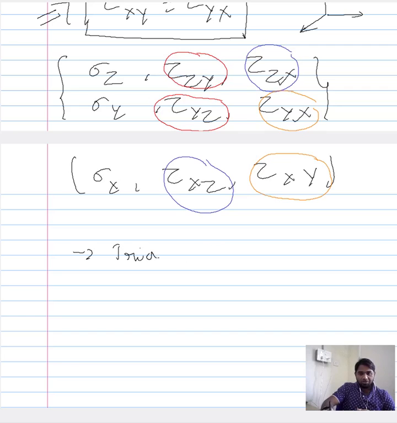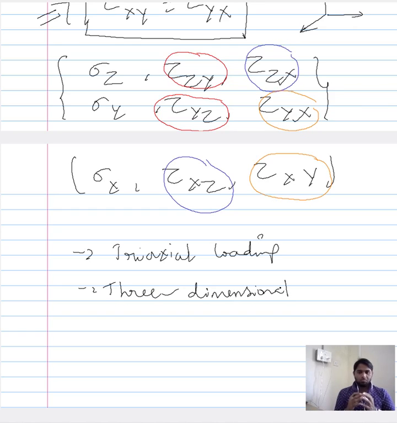Triaxial loading: only when triaxial loading is experienced by the material would you need these many components, and this is for a three-dimensional case. And again, let me repeat, we are not quantifying each of these components. We just want to count how many components we need when you want to describe the mechanical condition experienced by a point in a three-dimensional system experiencing a triaxial loading.